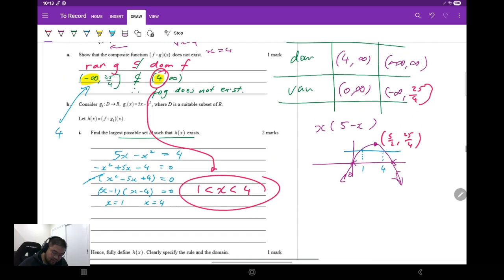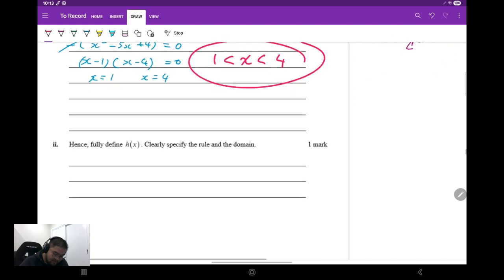So now we're going to find what actual fog is. When we sub it in, fog is equal to 1 over the square root of 5x minus x squared minus 4.